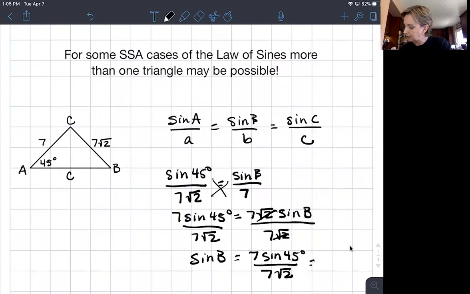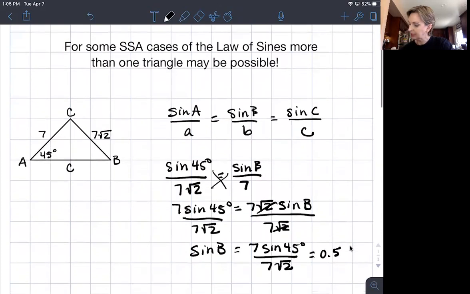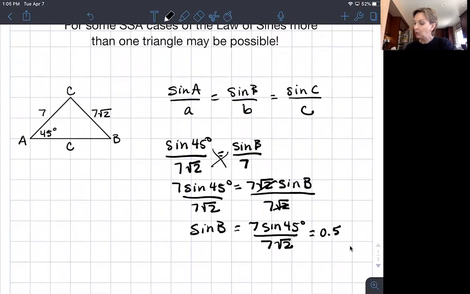It simplifies to 0.5 or 1/2. Okay, what angle has a sine of 1/2 or 0.5? Well, 30 degrees has a sine of 1/2. But there's another angle that actually has a sine of 1/2.